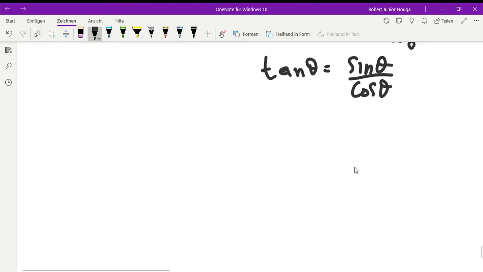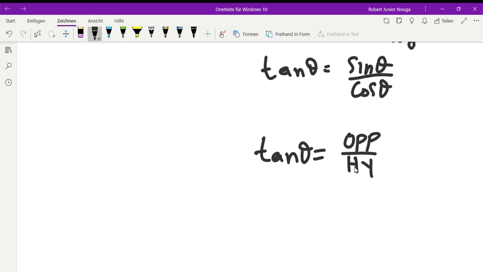That means tan theta is equal to, we know that sine theta is equal to the opposite divided by the hypotenuse. And we also know that the cosine function, or cos theta, is equal to the adjacent divided by the hypotenuse.